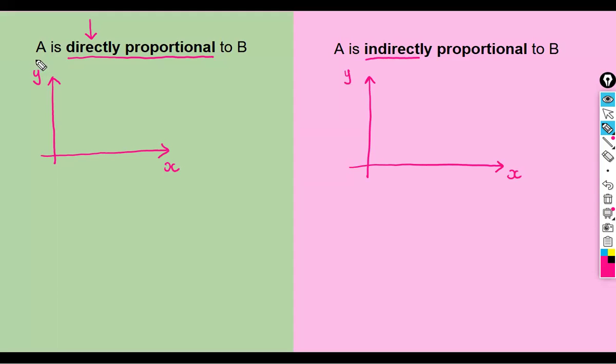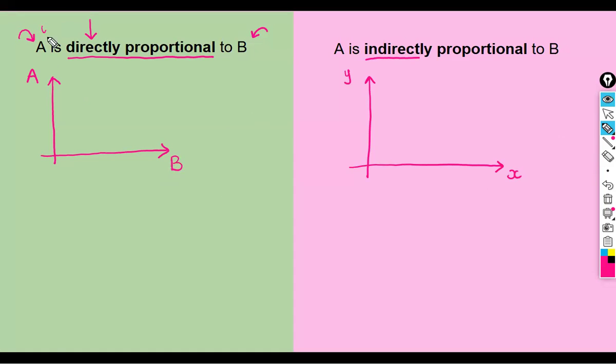Now, if they state the question like this, A is directly proportional to B, notice the letter A comes first and B comes second. The first letter always represents the y-axis, no matter what. The first letter is always the values on the y-axis, which means the second letter will always be the x-axis.